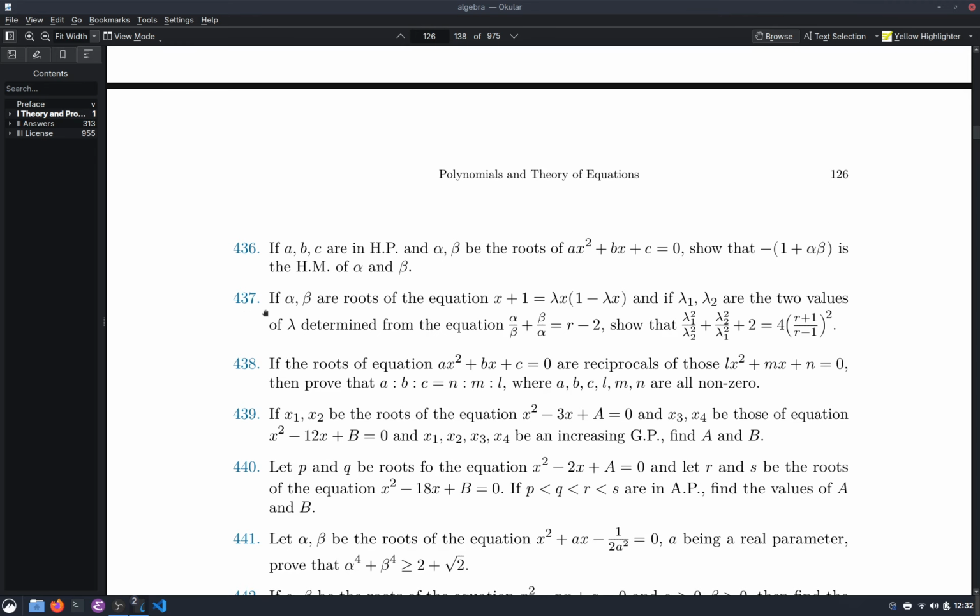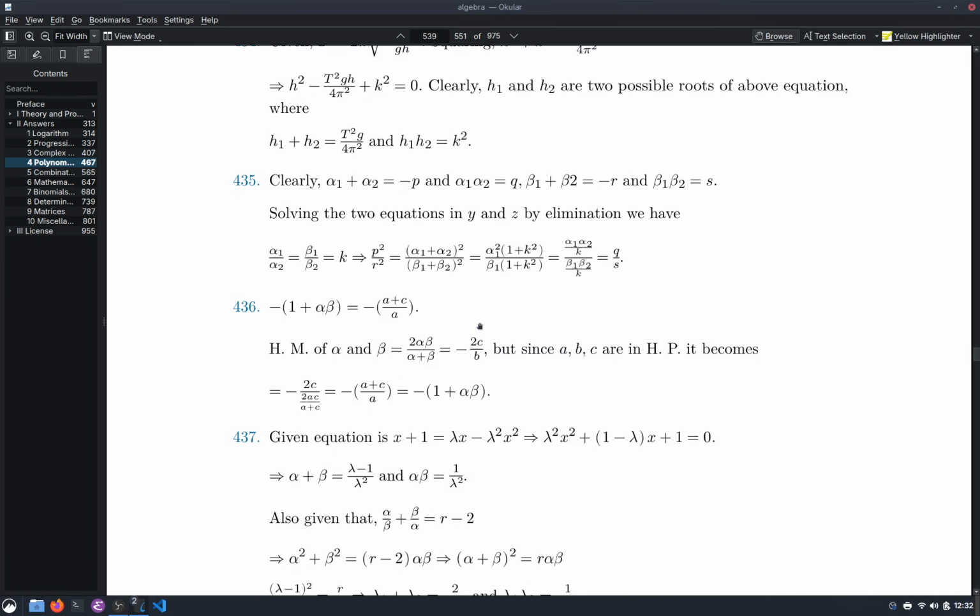Question 437 says that if alpha, beta are roots of the equation x plus 1 is equal to lambda x into 1 minus lambda x, and if lambda 1, lambda 2 are the two values of lambda determined by the equation alpha by beta plus beta by alpha is equal to r minus 2, show that lambda 1 square by lambda 2 square plus lambda 2 square by lambda 1 square plus 2 is equal to 4 into (r plus 1 by r minus 1) whole square.